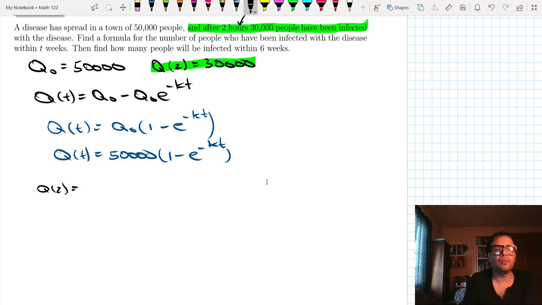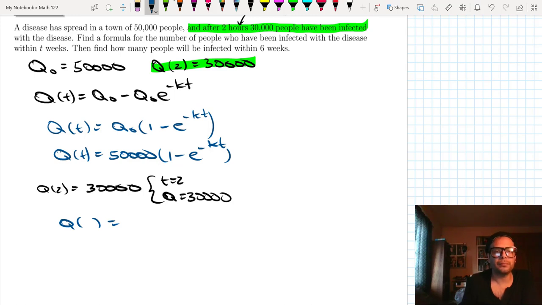Q of 2 equals 30,000, which means that when t equals 2 weeks, the amount of people infected, Q, equals 30,000. Let's put it in the symbols that we have. Q of 2 equals 50,000 times 1 minus e to the negative k times 2.